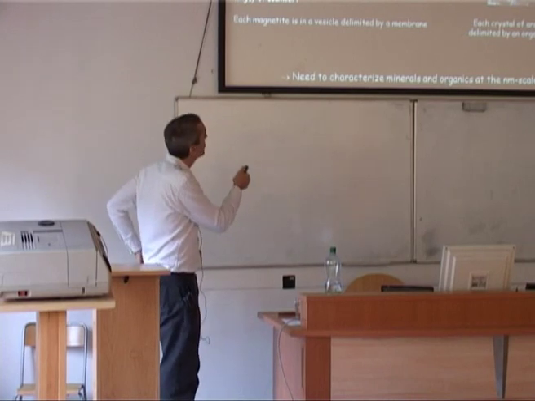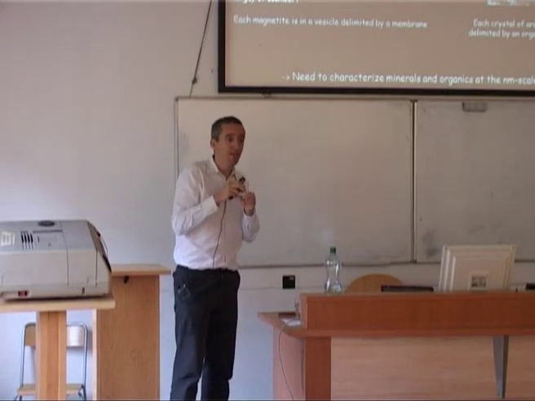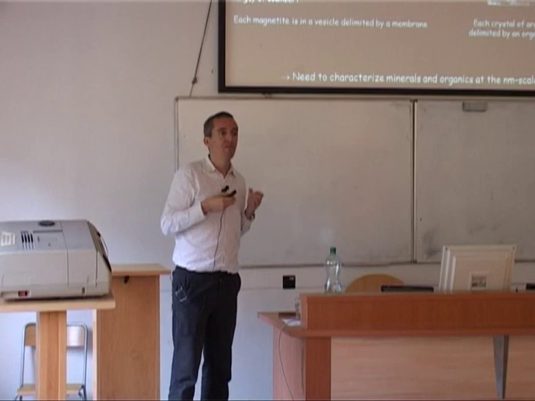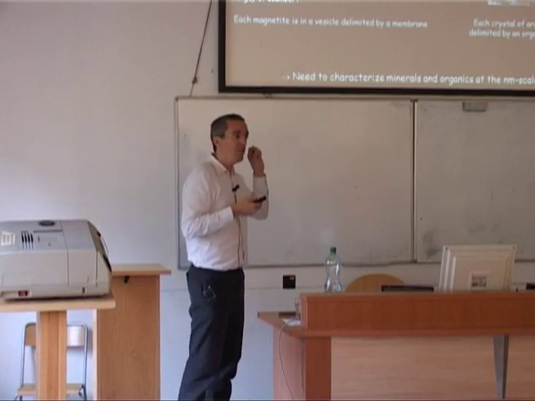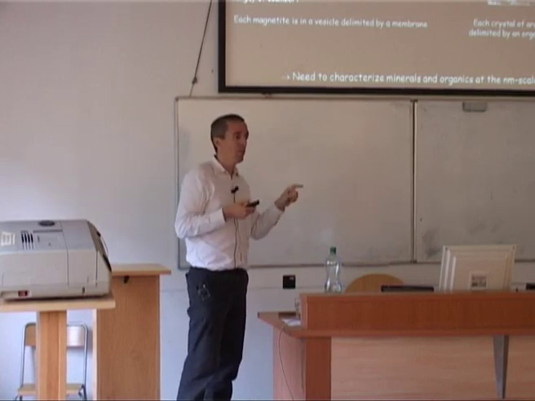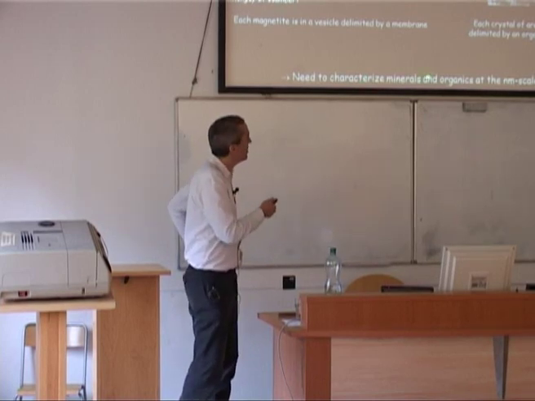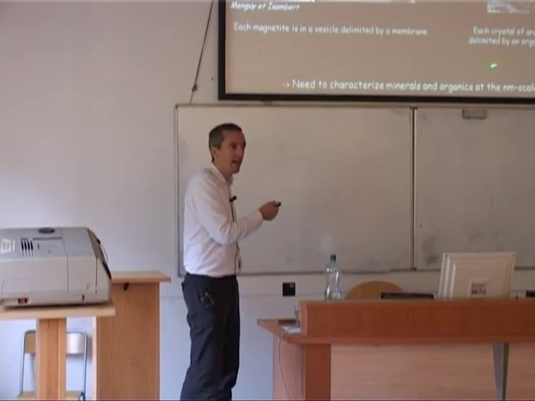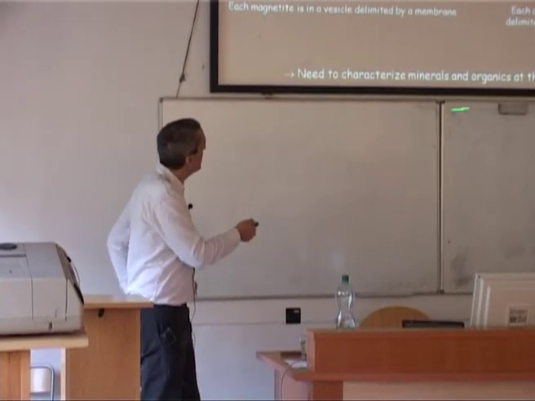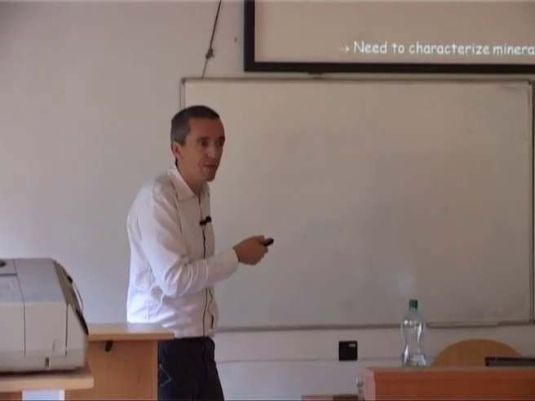And in all these systems, crystals are very intimately associated with organic molecules. So we need to look small, and we need to be able also to characterize the organics at the nanoscale. So this is really why we need to use microscopy.